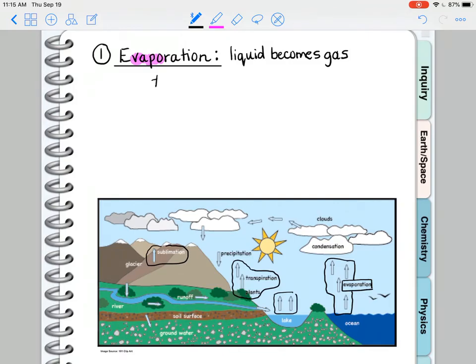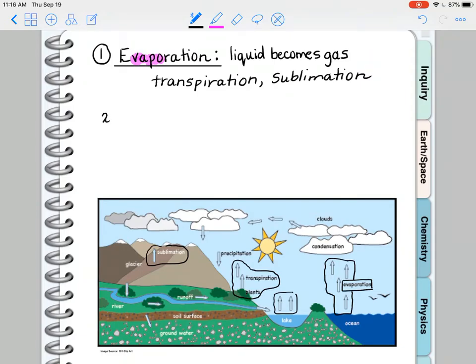That transpiration, which involves plants, and sublimation, that's where solid turns to gas without happening through a liquid phase. But all of those are forms of moving up. Water is evaporating in this step. It is an upward movement.